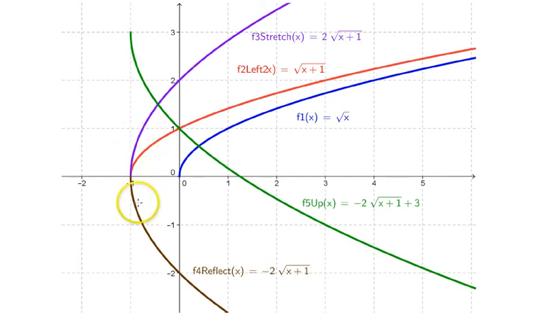That reflects it across the x-axis. We get this brown one here. And the final stage will add 3 to the entire function, which will shift it up vertically by 3. And this green line here is the resulting composition of all these different transformations.